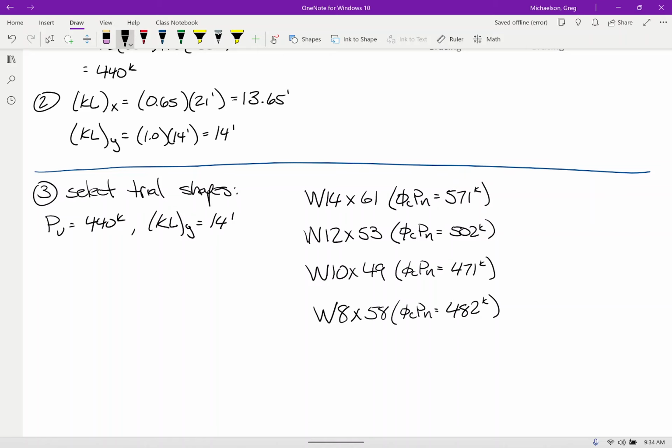So what's our answer for this problem? W8 by 58. The lightest means less money. We're paying per pound.